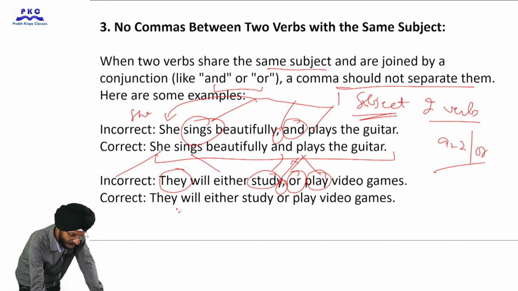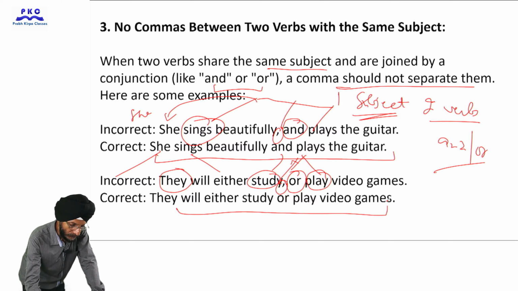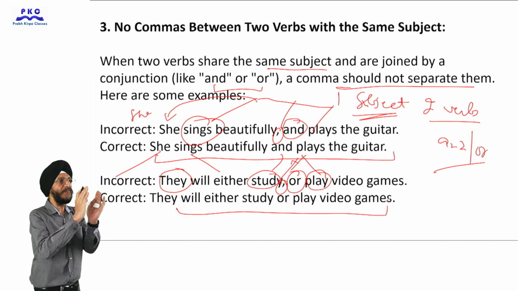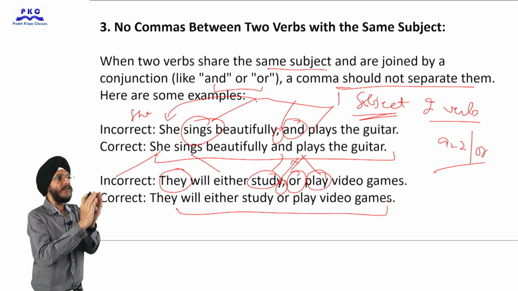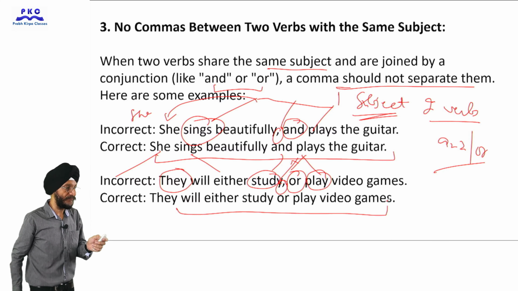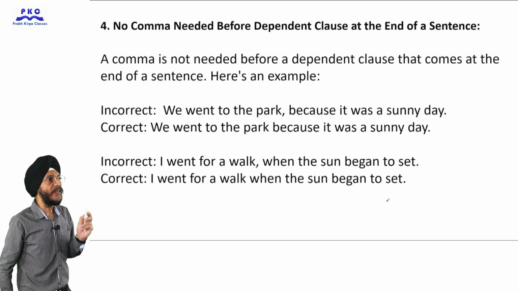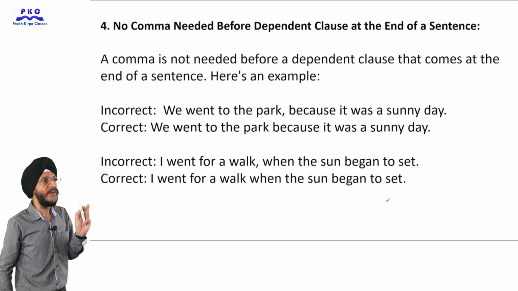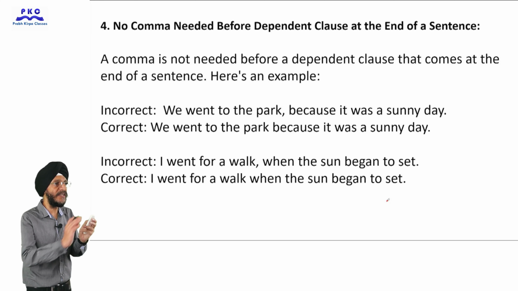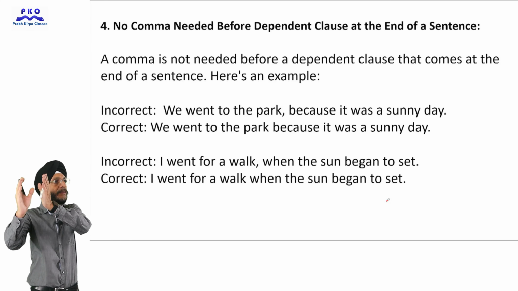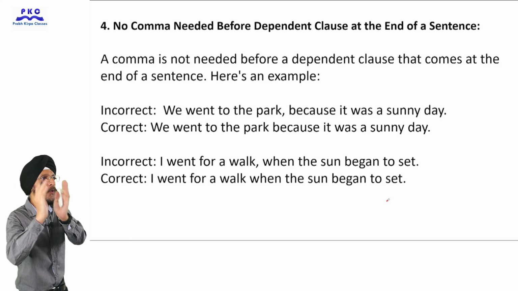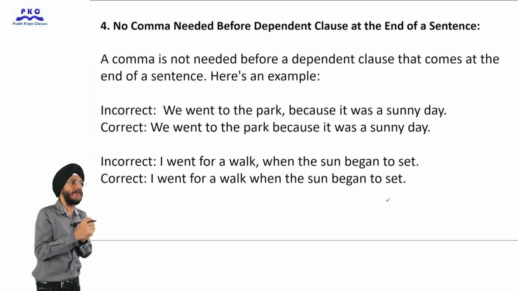So they will either study or play video games. So there should not be a comma between two verbs with the same subject. Next point is no comma needed before a dependent clause at the end of a sentence. It means that if at the end of a sentence there is a dependent clause, no comma is needed before the dependent clause.